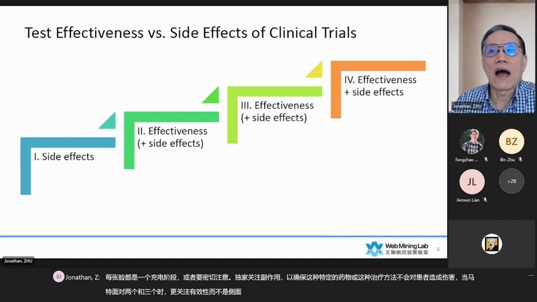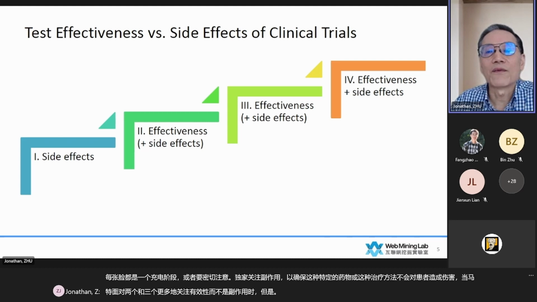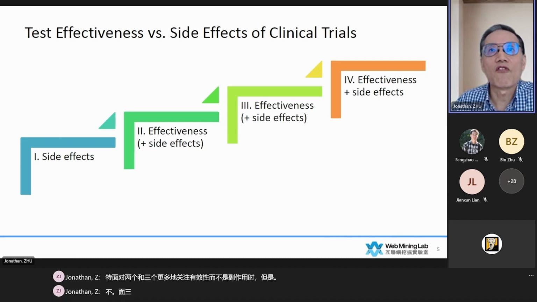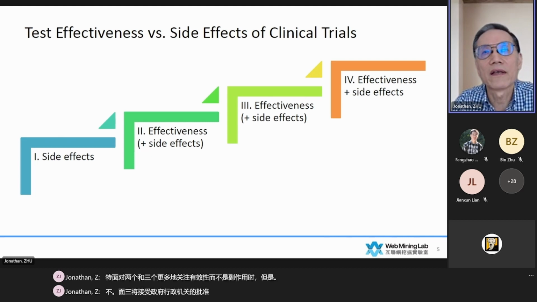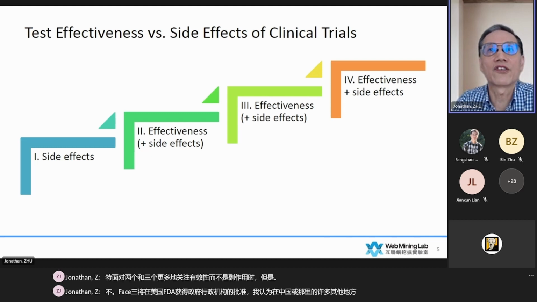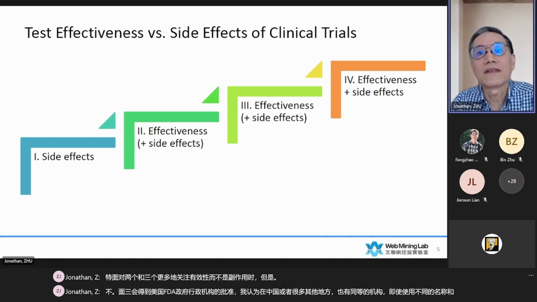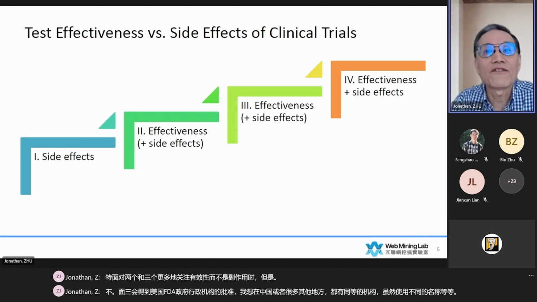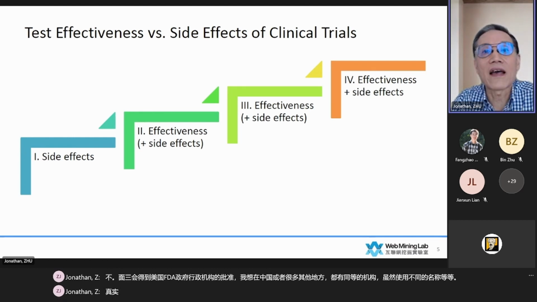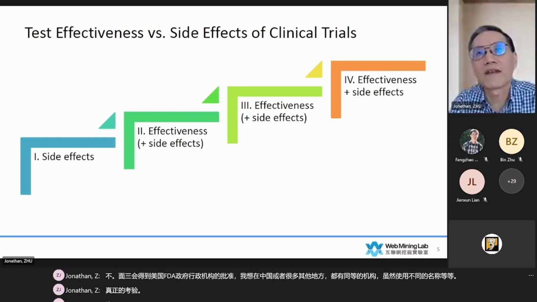But now, phase 3 will receive the approval from government administrative agencies. In the US, it's the FDA. I think in China and many other places, there are equivalent agencies, even though using different names. But the real test of side effects actually starts in phase 4.